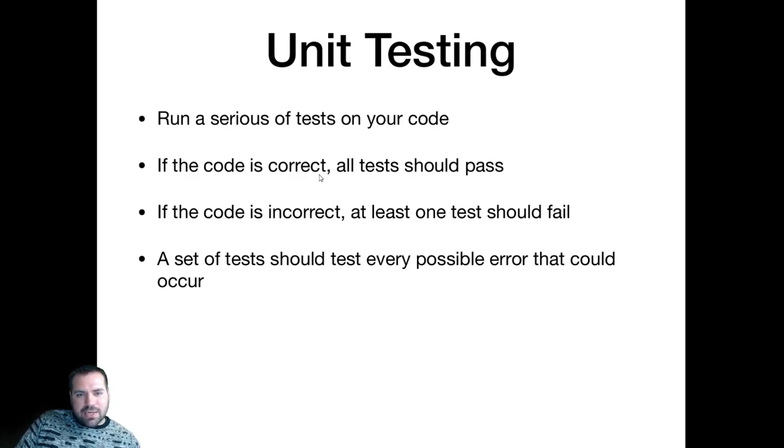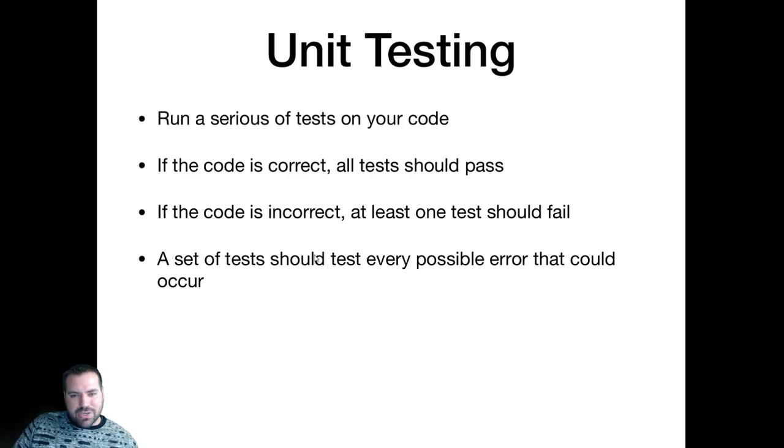So if the code's correct, all the tests need to pass. All of your tests in that code need to pass. If even one of those fails, if even one of the outputs was not what we expected, then that code fails. That code is not correct. Since there existed an input-output pair for which it didn't produce the right output, the code is wrong.